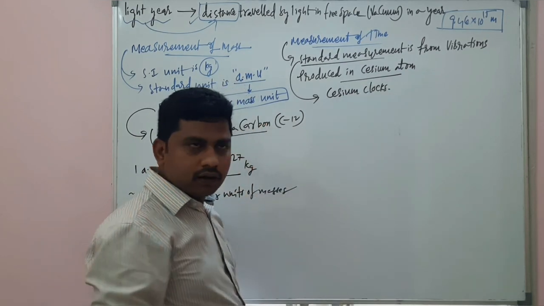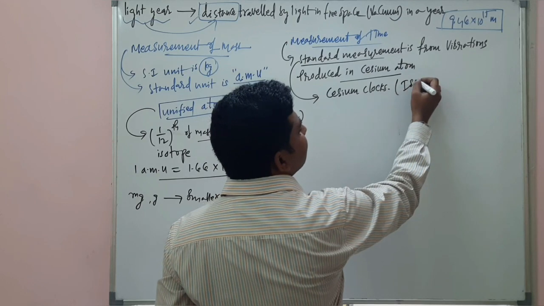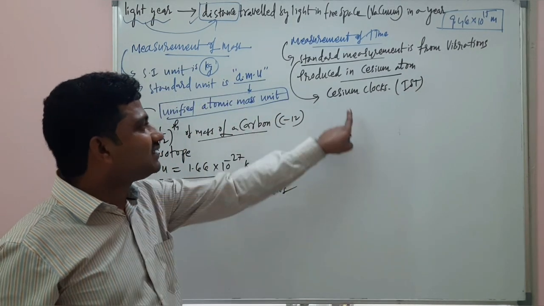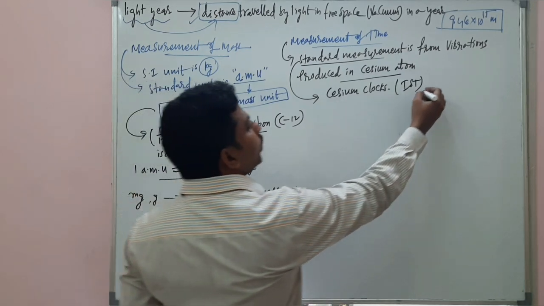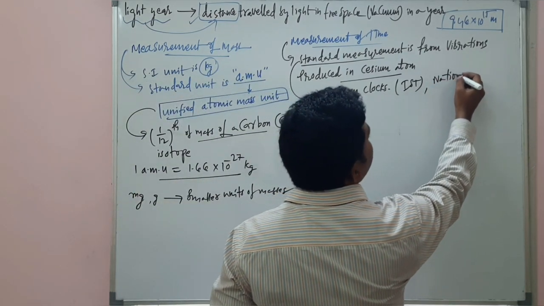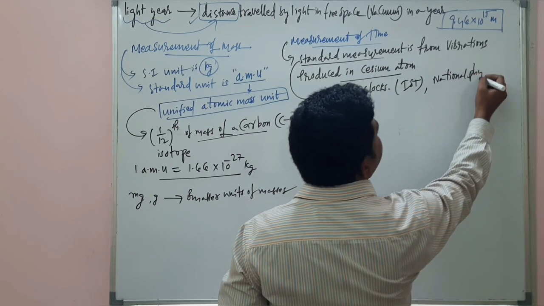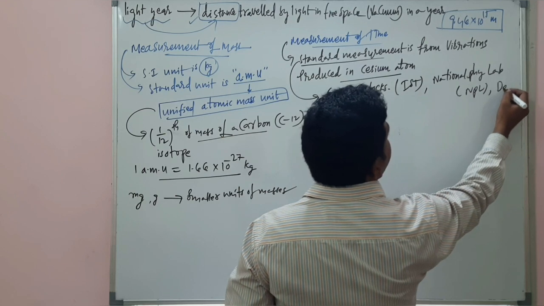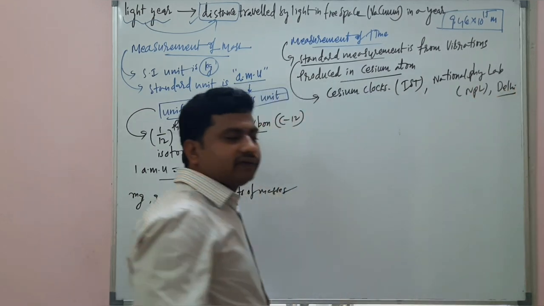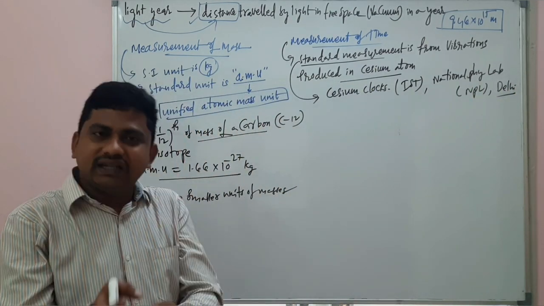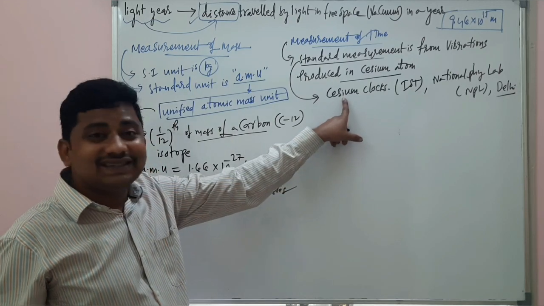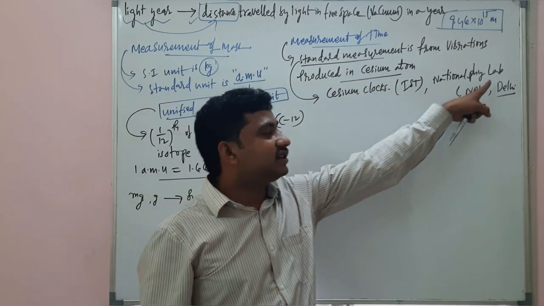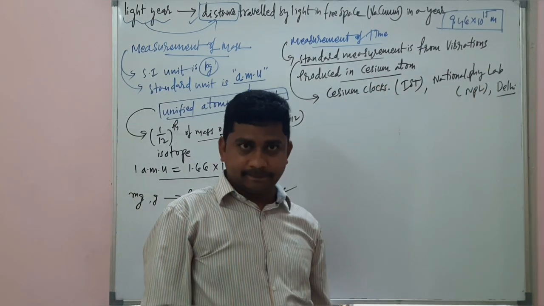Even our IST, Indian Standard Time, is taken from the cesium clock present at the National Physics Lab, NPL Delhi. Our Indian Standard Time is managed and maintained based on the cesium clock kept at the National Physics Laboratory, New Delhi. Right?